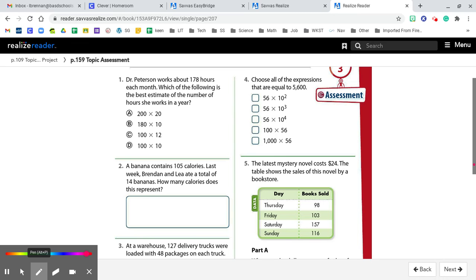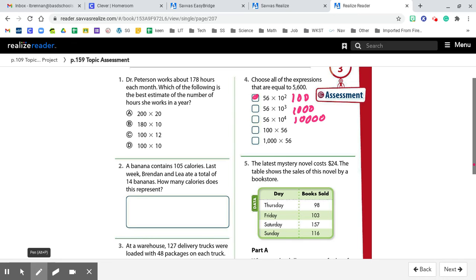Choose all the expressions that are equal to 5,600. So for this, we have a little work to do. And remember our exponents. 10 to the second power is 100. 10 to the third power is 1,000. 10 to the fourth power is 10,000. So we have 56 times 100 is 5,600.